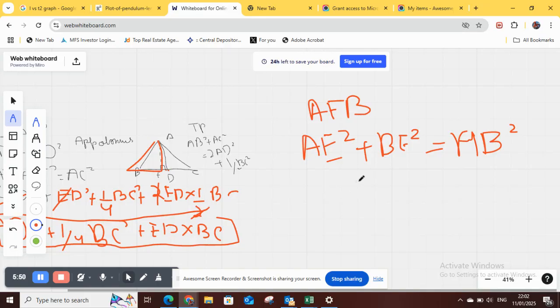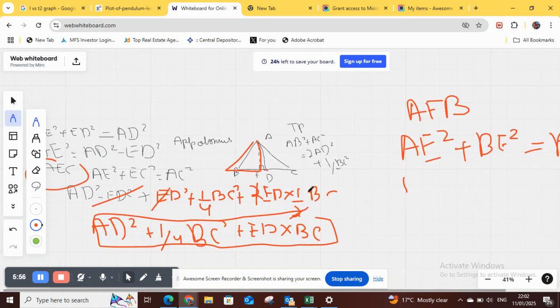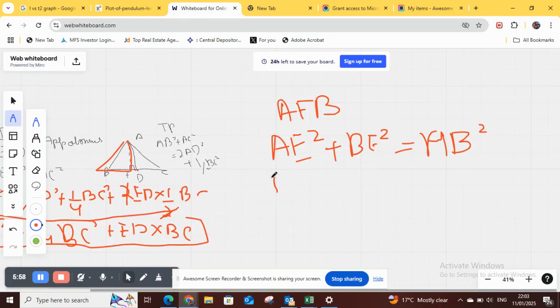If you see at the sum you will understand that BE squared, we can write, first we are putting the value of AE squared, that is AD squared minus ED squared, and BE, if you see the figure, we can understand that it is nothing but BD minus ED.